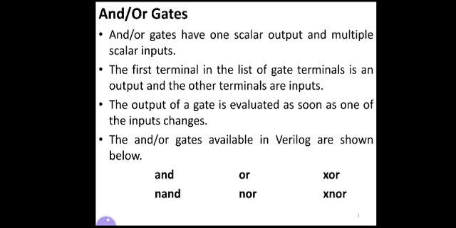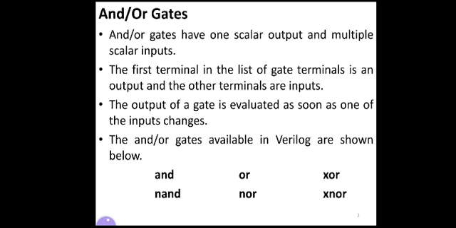As we know, AND/OR gates have one scalar output and multiple scalar inputs. Any gate produces only one output, whereas it can have two or more inputs. That's why we say it has one scalar output and multiple scalar inputs.